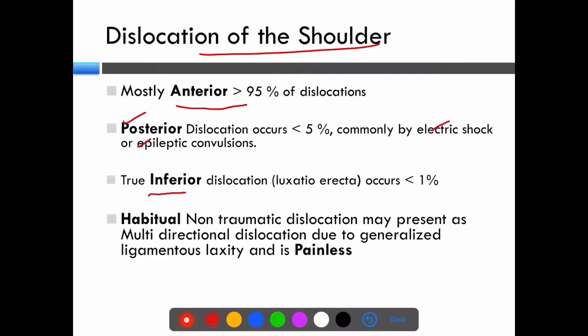Inferior dislocations are very rare, which are called luxatio erecta. Habitual dislocations are seen in patients with generalized ligamentous laxity, and these are painless, non-traumatic, and multidirectional, and this does not require any treatment.